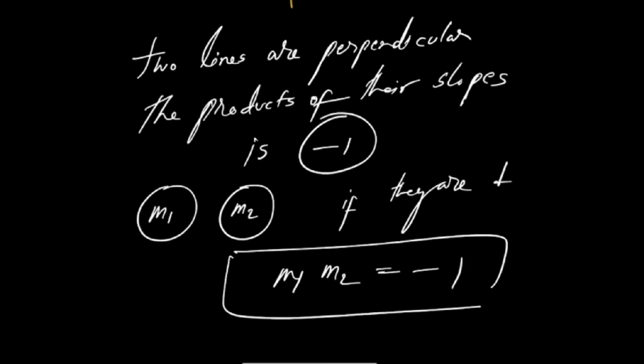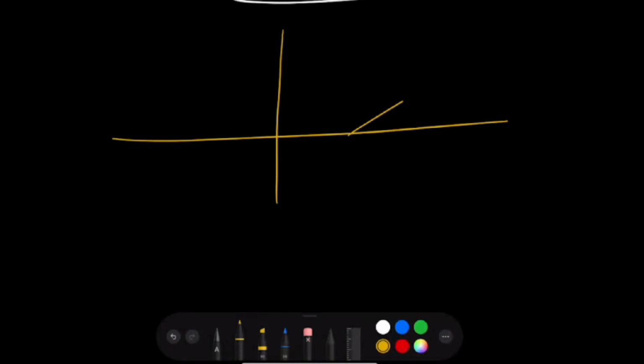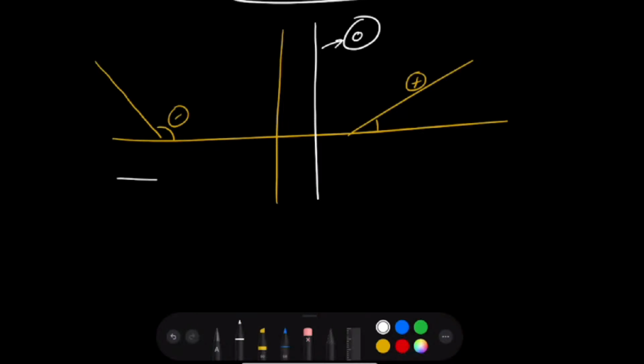Okay. Now one more thing, just before going into this, I'm giving you a quick revision of what I just said. Any line that makes an acute angle has positive slope. Any line that makes an obtuse angle has negative slope.